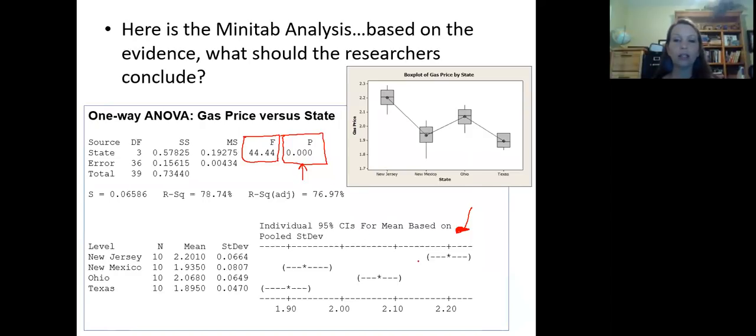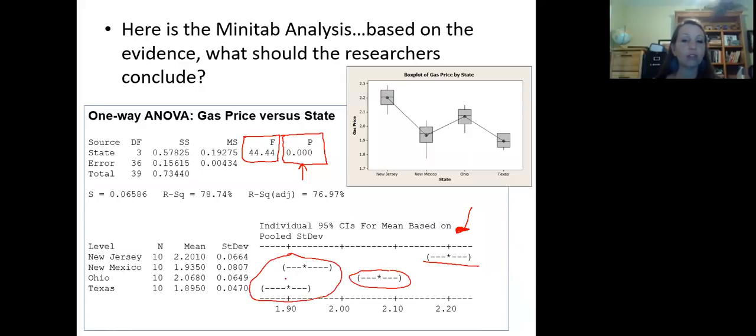So looking here, you can see that New Jersey doesn't overlap anybody and it's high. So it looks like New Jersey has the highest gas prices out of those 4 that we looked at. Second, we have Ohio. Ohio looks like it's cheaper than New Jersey, but still more expensive than New Mexico and Texas. And if you look at New Mexico and Texas, they pretty much overlap quite a bit.